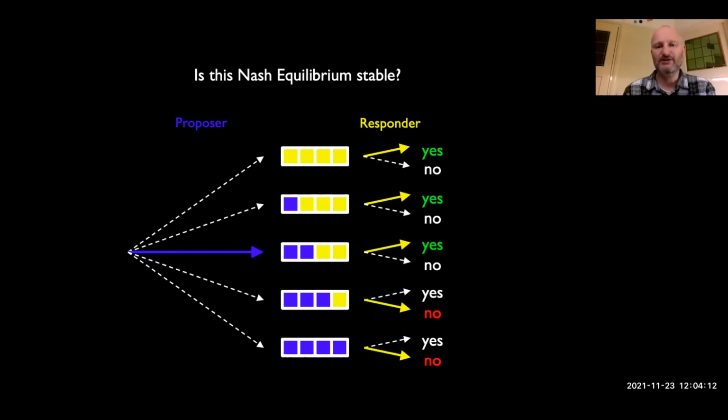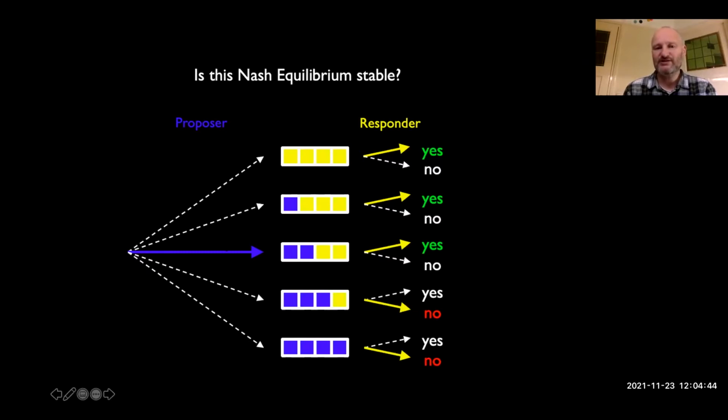A Nash equilibrium is a combination of behaviors where neither of the two has a reason to deviate. Well, that's true for the proposer, because if the proposer proposes the equal split here, then it gets accepted. If the proposer would propose more for herself than the equal split, then that would be rejected, and she ends up with nothing. If she would propose less for herself, those would also be accepted, but then she has less than 2.